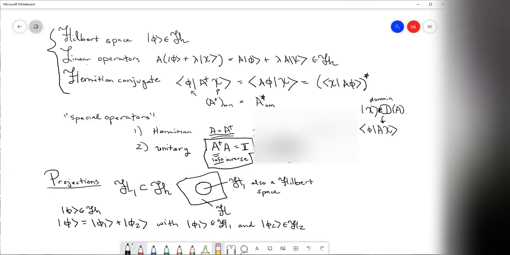So if the whole thing is H, then H2 would be like everything outside of H1. This is like the complement. So what we're going to show is that any vector that lives in the entire H can be decomposed into two pieces, one which lives in H1 and one that is outside of H1. This is in this H2. And this is a unique way, meaning there's just one way.